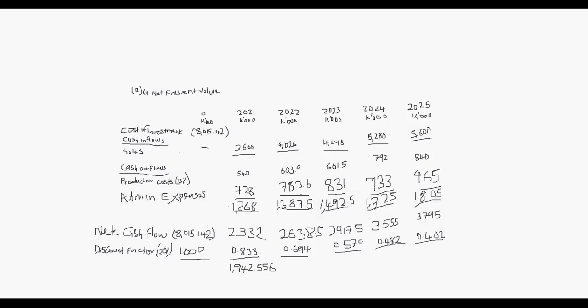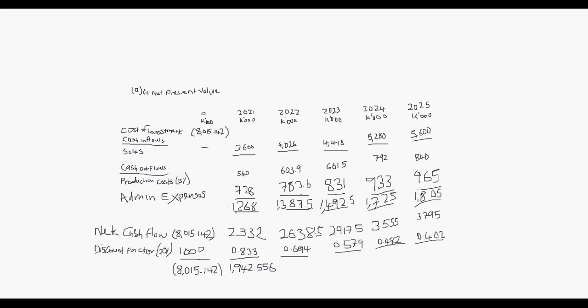Then here, when we multiply this and this, we still get the same figure, 8,015,142 in brackets. Okay, we go to the next year, 2022. We are multiplying 2,638.5 times 0.694.